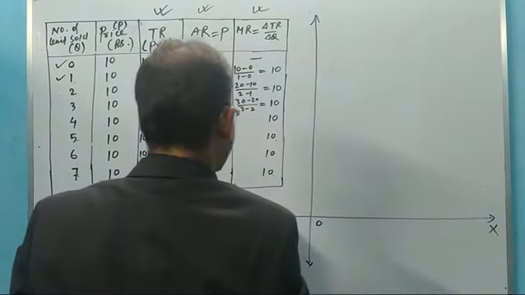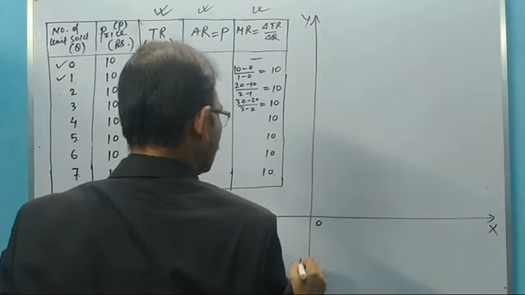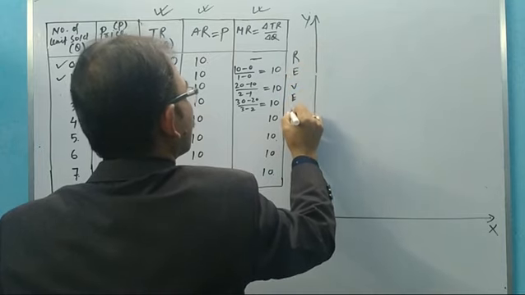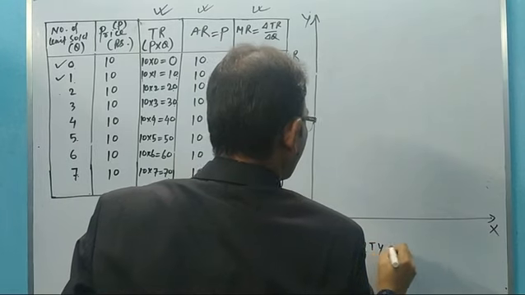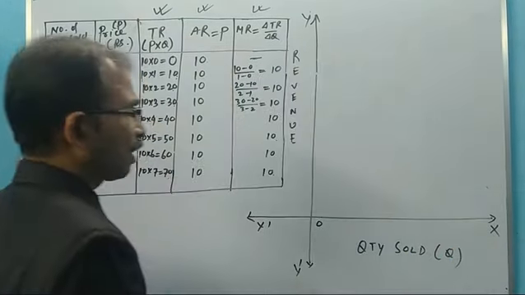So XOX dash, YOY dash, it's revenue. Here is quantity sold. Quantity sold is output.